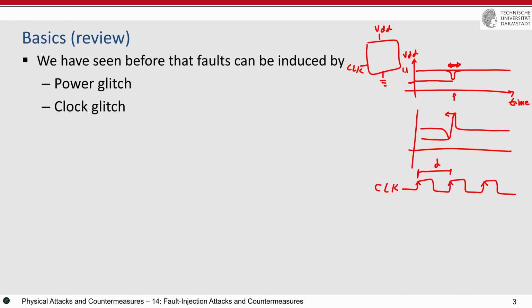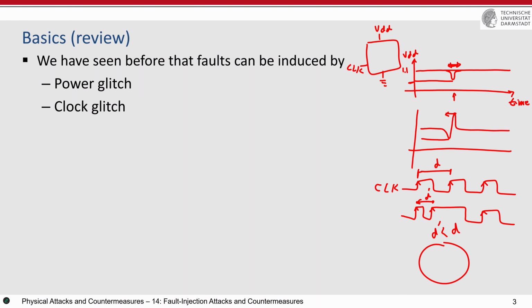Then the circuit works correctly. But if you make the clock go up and again go up, for example like this, which is synchronous afterwards with the main clock, then you reduce only one cycle. This is d prime, and d prime is smaller than d, and of course smaller than the critical path delay.